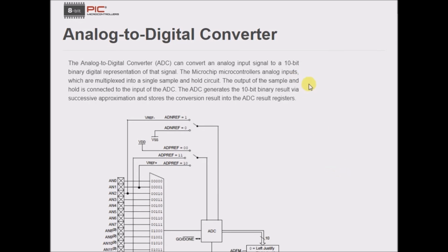The output of the sample and hold is connected to the input of the ADC. The ADC generates the 10-bit binary result via successive approximation and stores the conversion result into the ADC result registers.